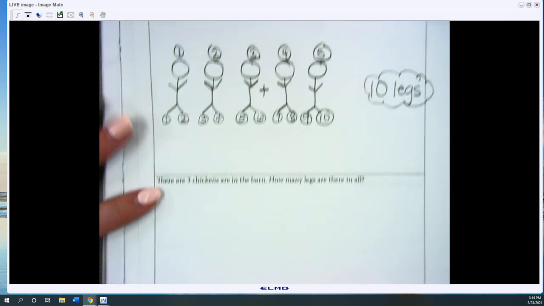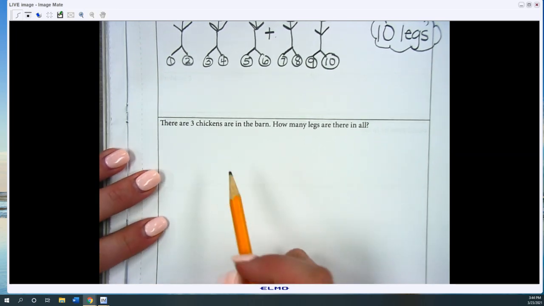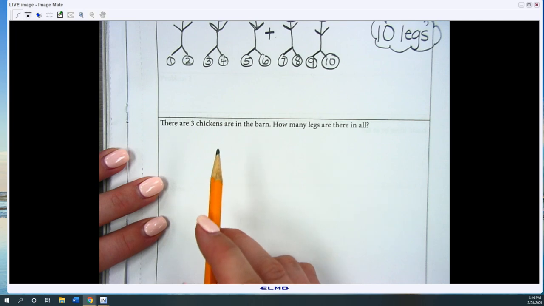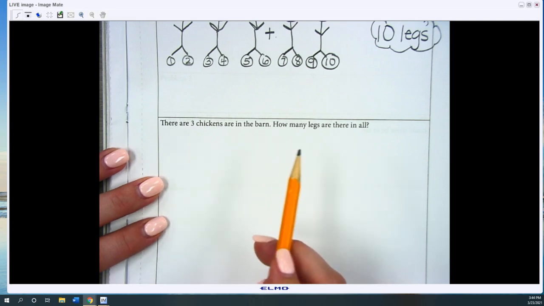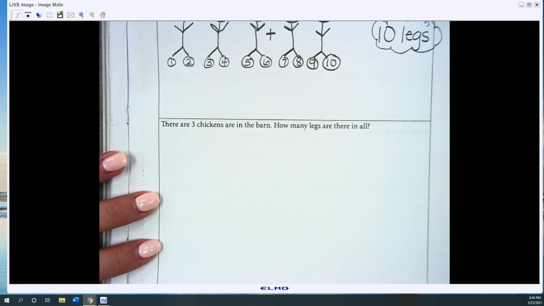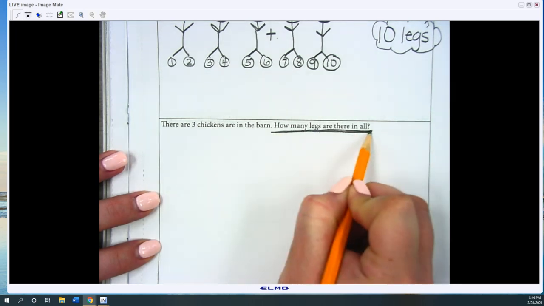Okay, now you're going to do the next 2 on your own. I will read them for you though. There are 3 chickens in the barn. How many legs are there in all? Now I want to remind you to look and listen to the question part of the story.